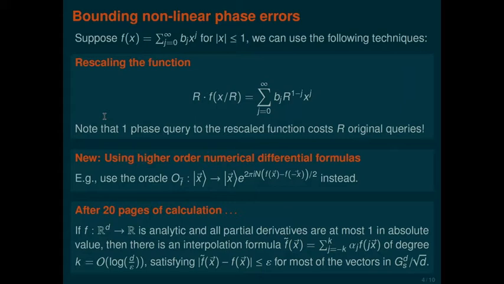But the basic theorem that we could prove along these lines is that if I have a d-dimensional analytic function and all partial derivatives are at most 1, then I can find a finite difference formula of logarithmic order, which then satisfies that the function and the actual function, it's a typo, it should be the gradient times x.